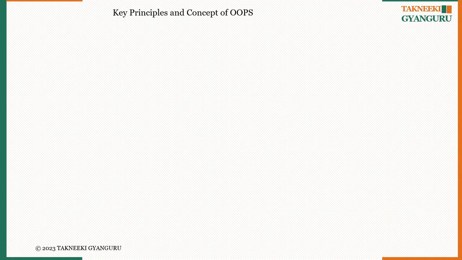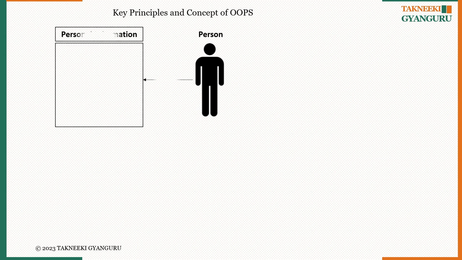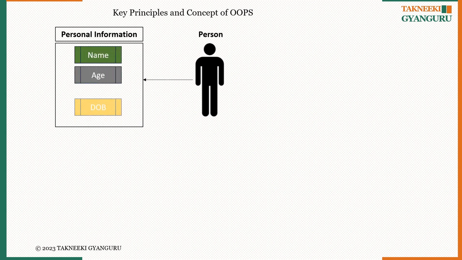So key principles and concepts of OOPS, we will discuss this in a real scenario. Suppose we have a person, like this person has personal information like the name, age, date of birth, the gender, right?